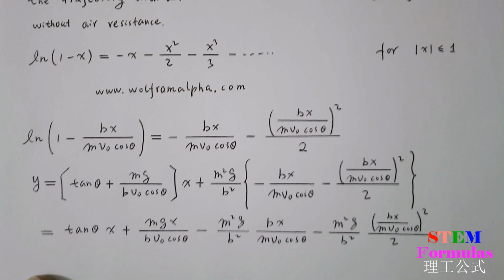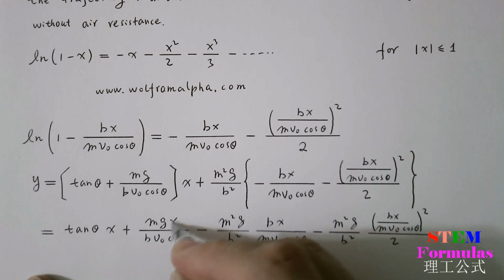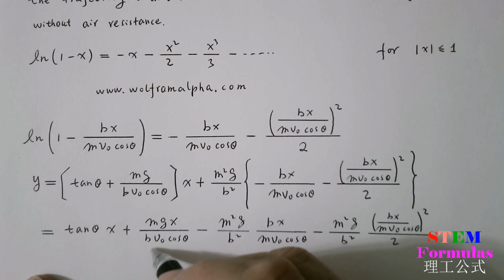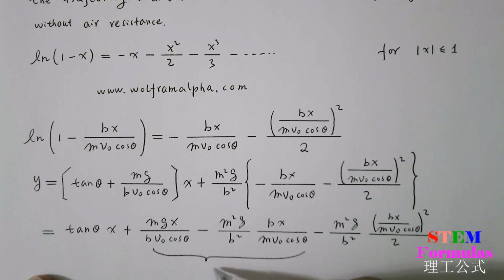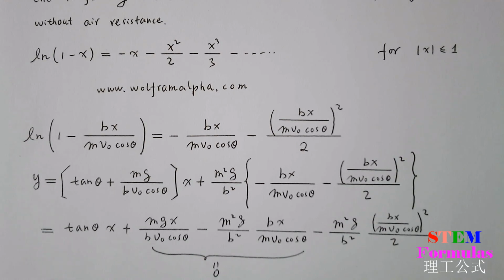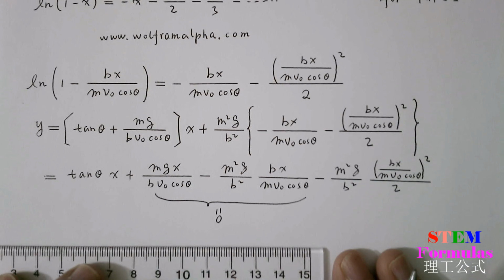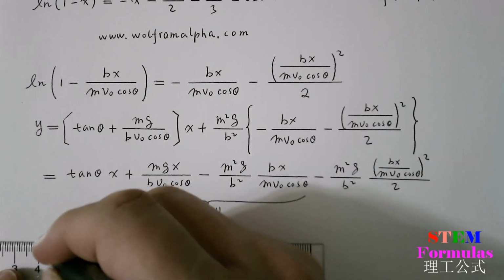Now this term and this term cancel each other. So this term and this term go to 0. So we have only the following remains.